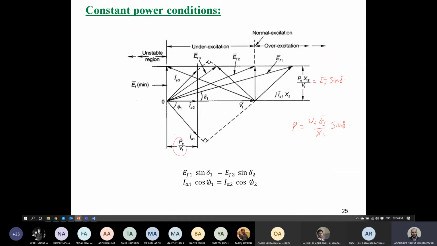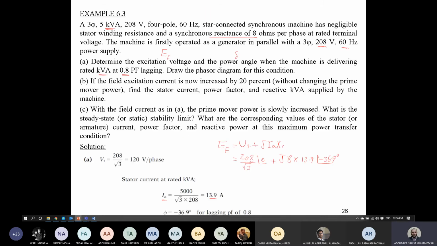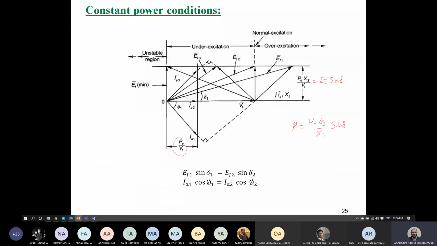So we expect when we increase the excitation, is it stated increase or decrease? Increase. Okay. Increased by 20%. So increasing excitation, and so we are moving in this direction. Okay, so we expect to have a lower value of power angle.